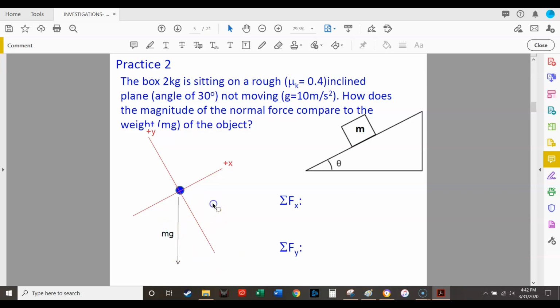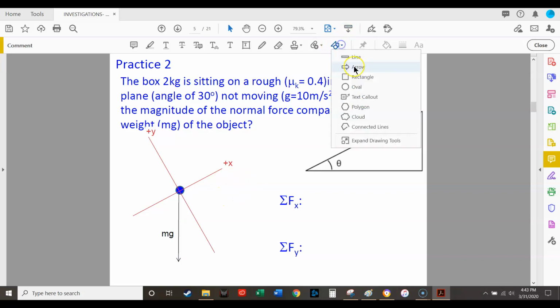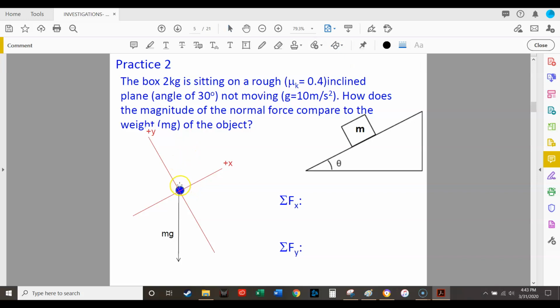Now I'm going to draw the normal force. The normal force should be perpendicular to the surface. In this case, it's pointing in the positive y direction again. Since it's pointing along the coordinate system, I can give it a plus or a minus, so I'm going to call that a plus.